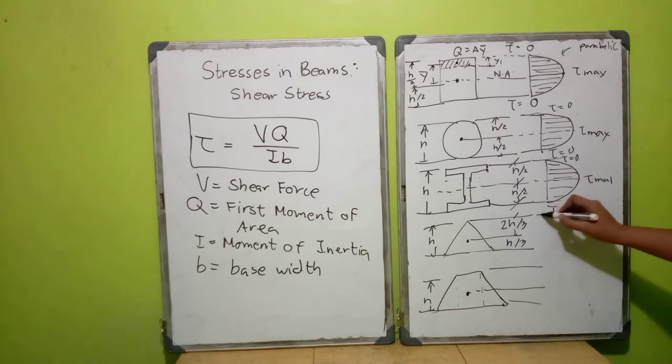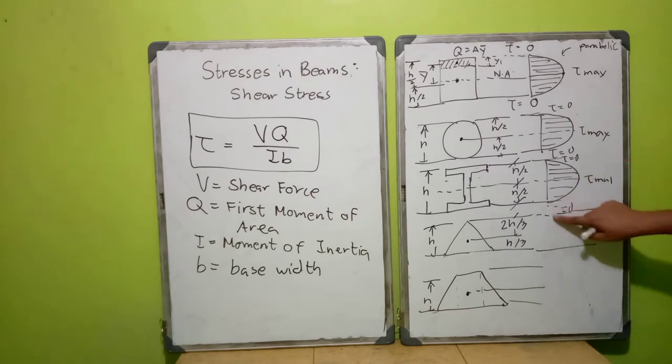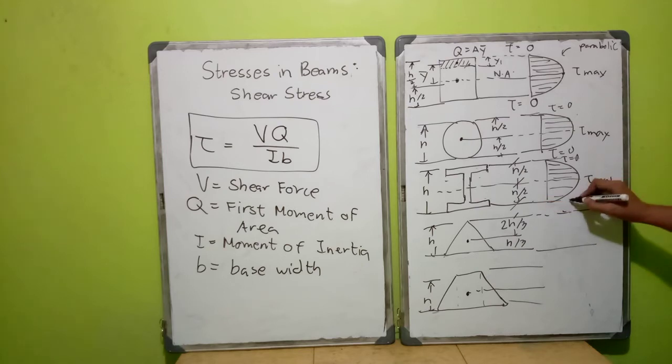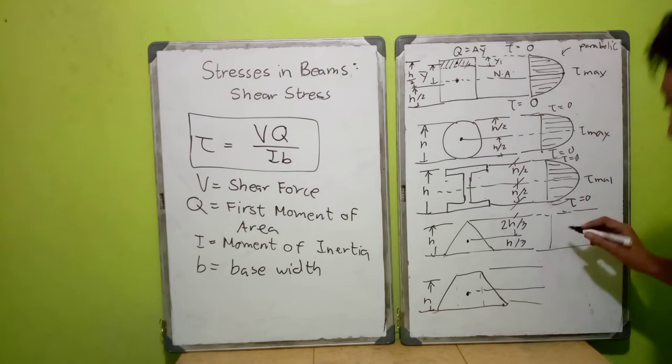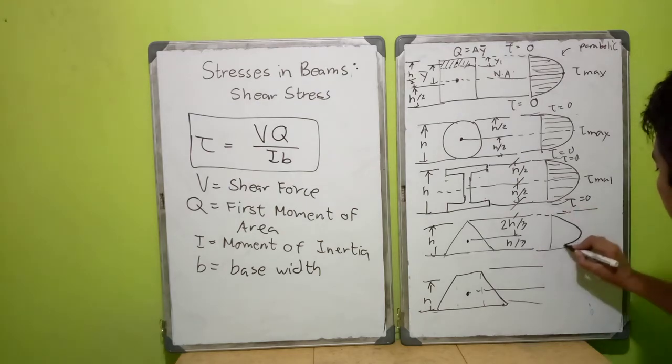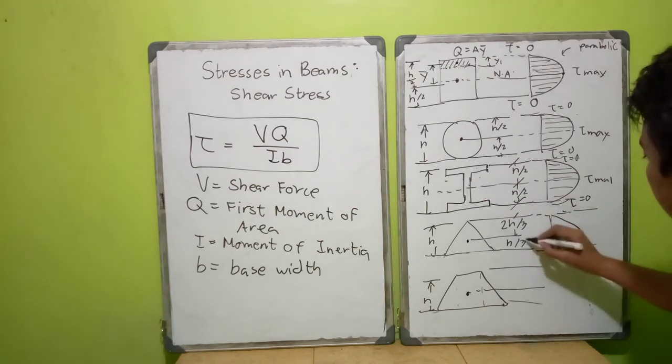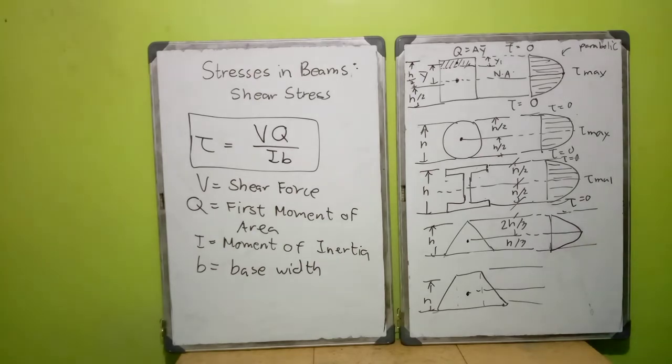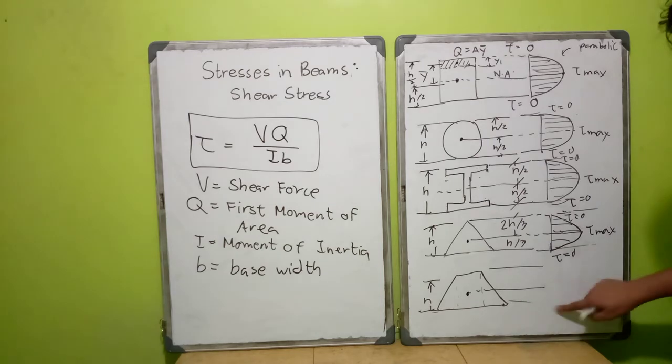For the triangle, more likely it's quite skewed. It's skewed at the bottom. So more likely it will be like this. It's quite unsymmetrical. Its distribution of shear is quite unsymmetrical. So this will be the location of your maximum shear. Also, its shear at the sides will be equal to 0.